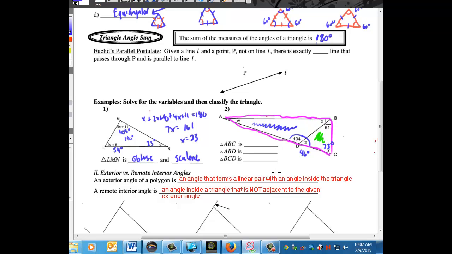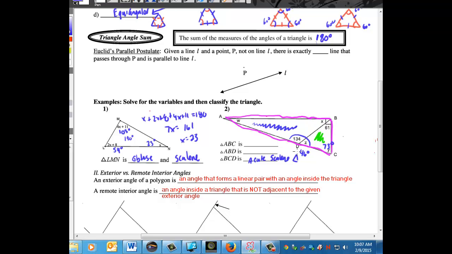So let's classify this now. We know that triangle BCD, all angles are less than 90. That means all angles are different. So we have an acute scalene triangle.